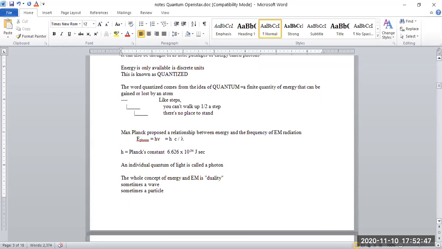A Planck's constant, or a Planck is often how they're just referred to as, is an awfully tiny piece of energy-based unit. Look at your exponent there. We've got 6.626 times 10 to the negative 34th. Now, the unit is joules times seconds.